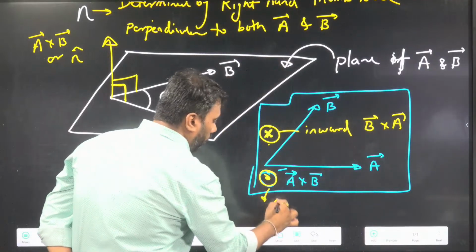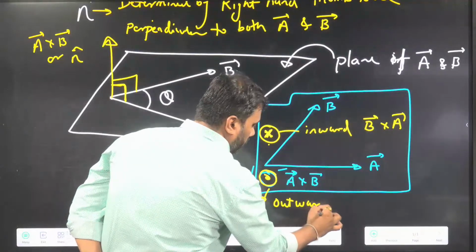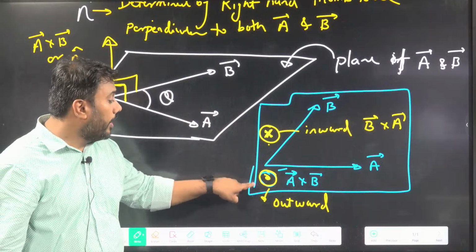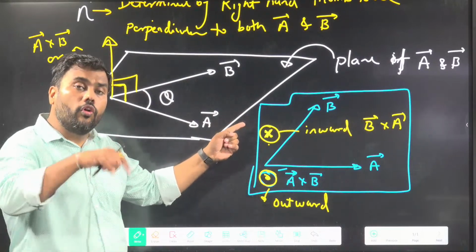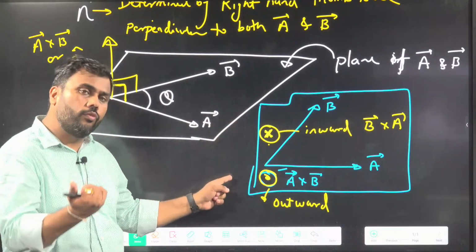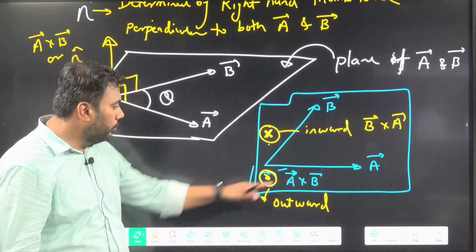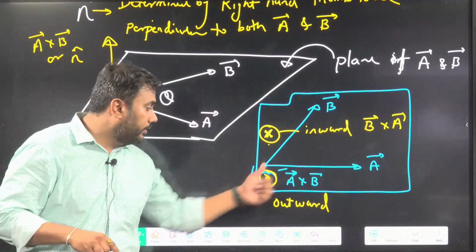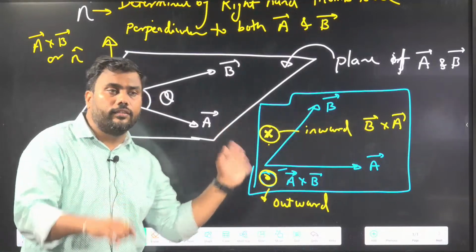This dot shows outward. So these are the ways to represent outward and inward direction: cross shows inward, dot shows outward. You can also see A cross B and B cross A are in opposite directions. A cross B is coming out, B cross A is going in.